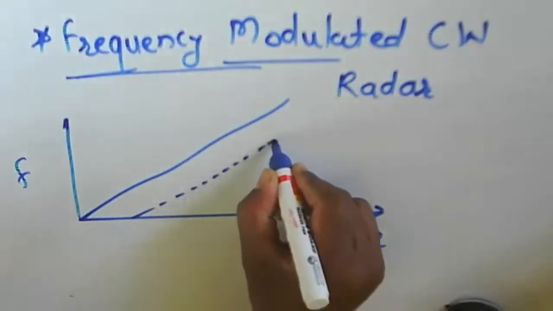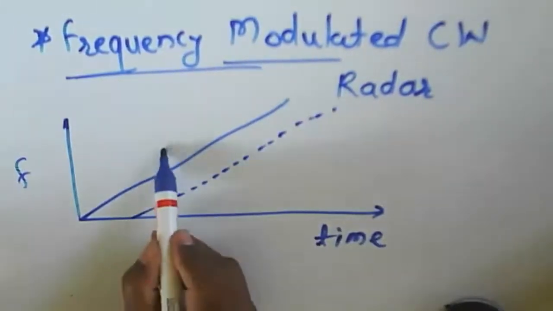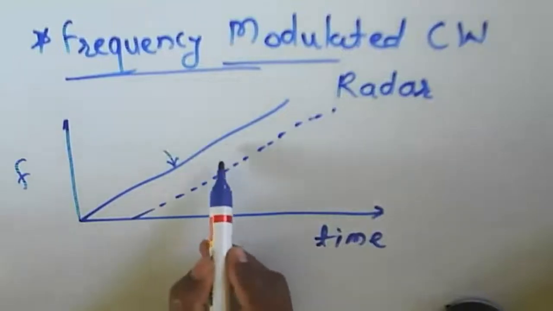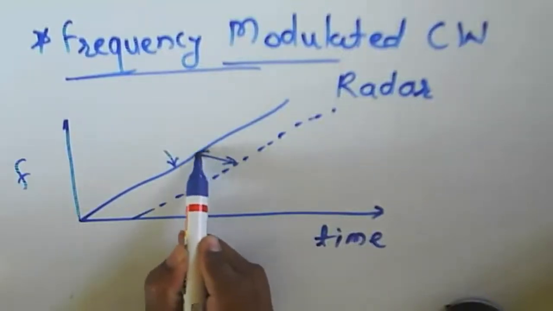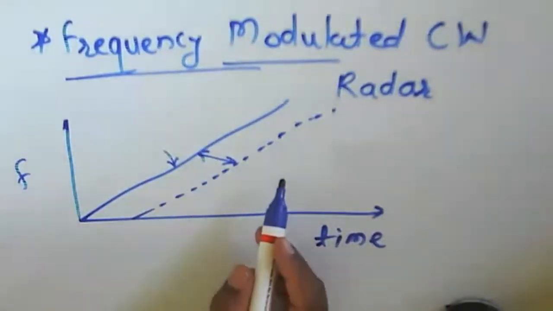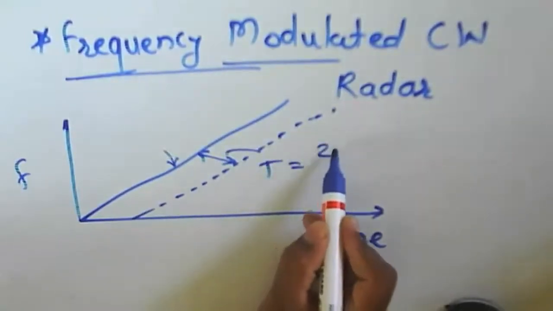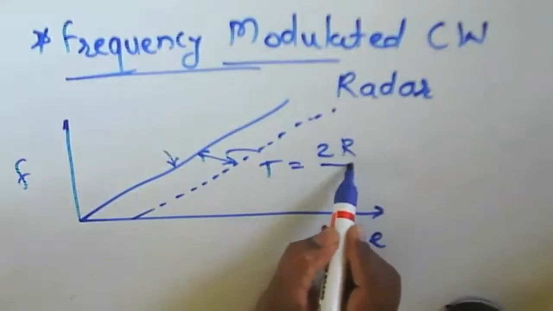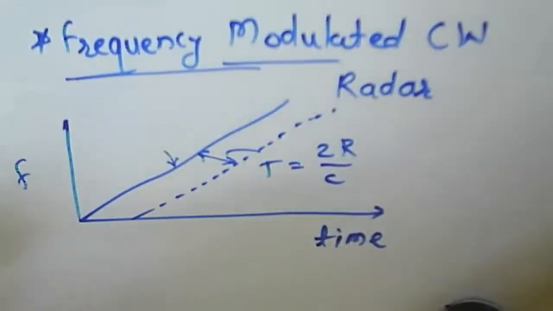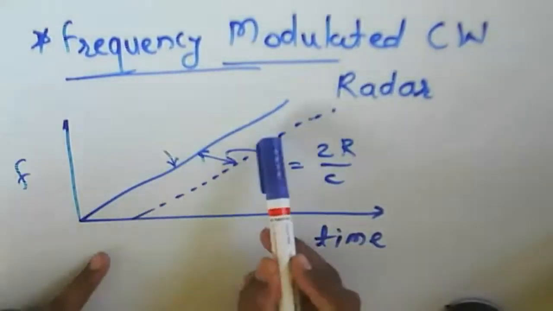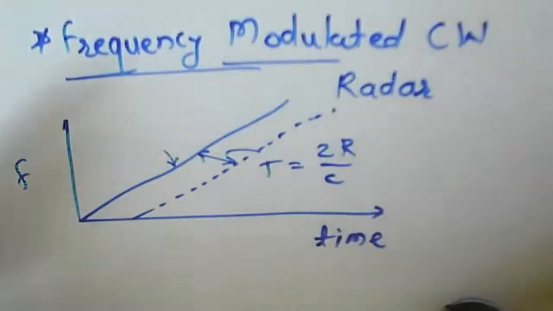This is the transmitting signal, and this one is the echo signal. Through that, we will measure the range. Range can be measured: T is equal to 2R by C. This one is the transmitted signal, and this is the echo signal.